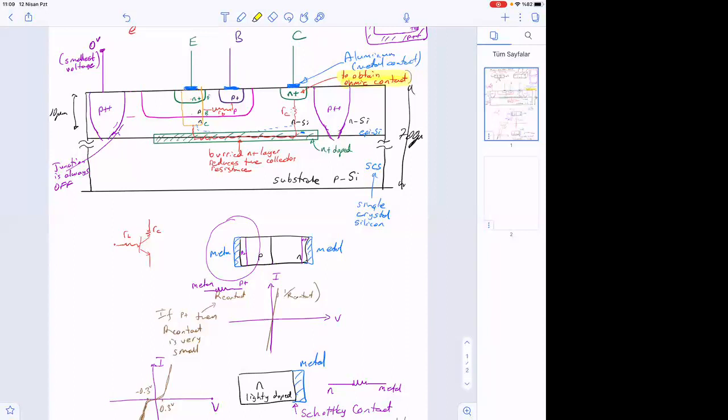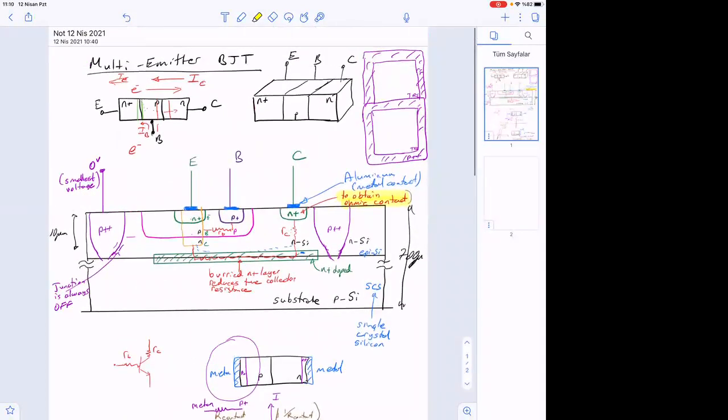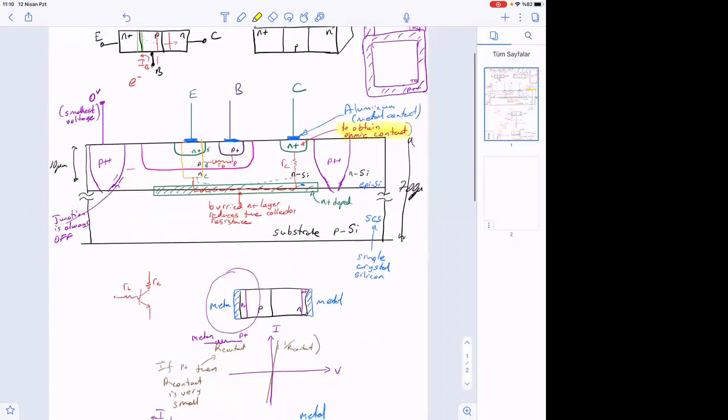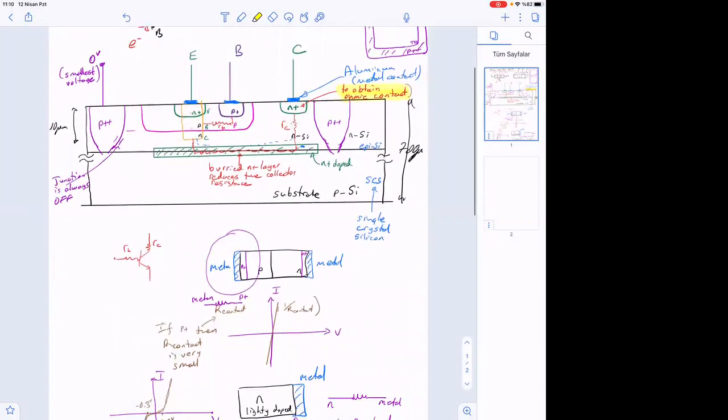So, I mean, the point here is that the BJT we talk about is not a device like this. It's not a device like this. It is what you see here. Okay.